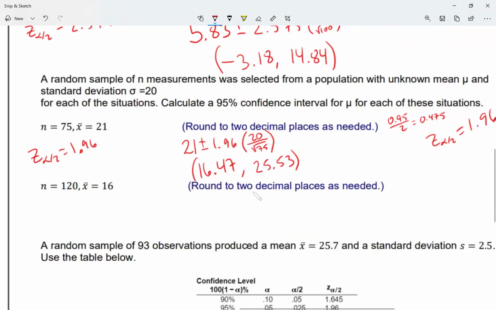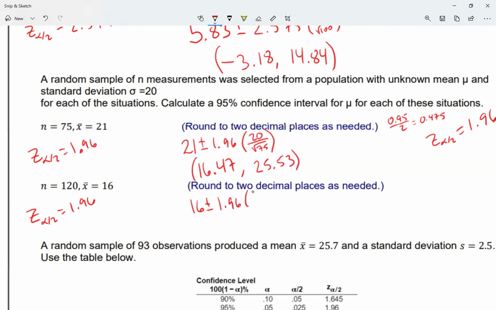Now let's take a look at this other one. We're still dealing with a 95%. So I'm going to say my C-score of a 95% is still 1.96. So in this case, I'm ready to use my formula. According to my formula, in this case, I'm going to go 16 plus or minus 1.96, and then I'm going to go 20 divided by the square root of 120.